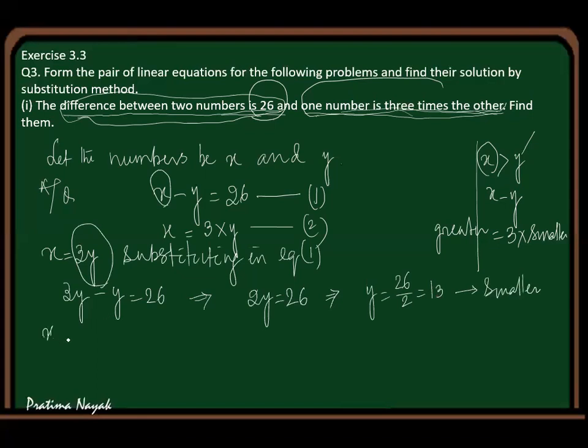Bigger one is x, 3 times, so 3 into 13. How much will it be? 39. So this is the bigger number. So the numbers are 39 and 13.